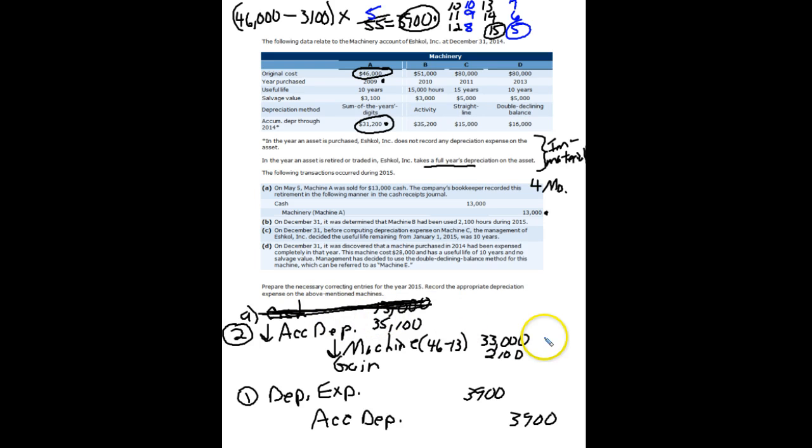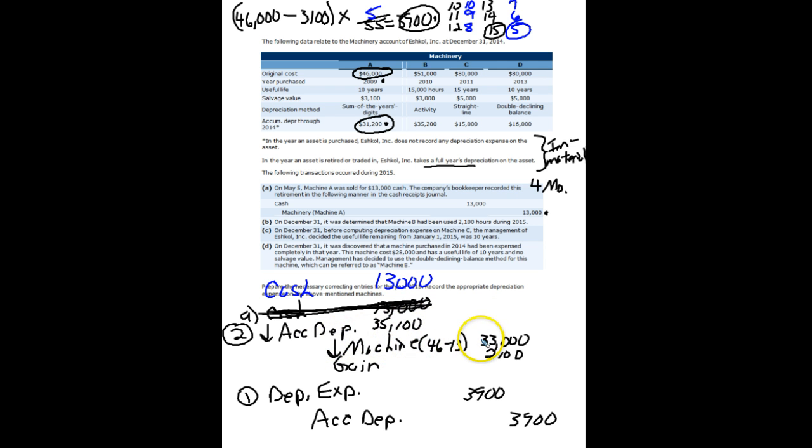And by the way, when this is all said and done, there would have been then the cash of $13,000, which they already recorded, right? They've recorded that. There was the cash debited 13. If I combine the two entries, if I combine this entry with what I did in black, there's a debited cash 13, accumulated depreciation.